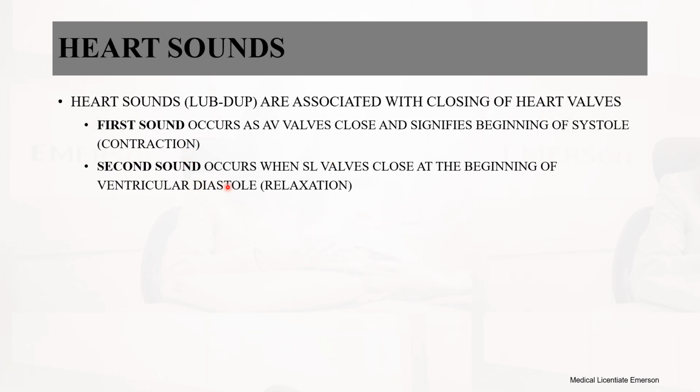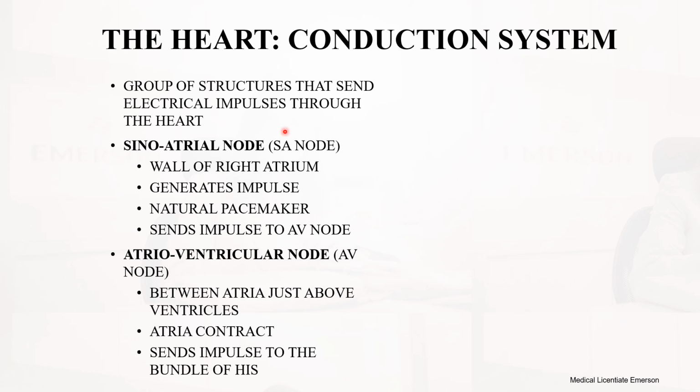Then the second sound, the dub, occurs when the semilunar valves close at the beginning of ventricular diastole, which is relaxation. So contraction will give you a lub, relaxation will give you a dub. Okay, that's the heart sounds. Lub-dub.